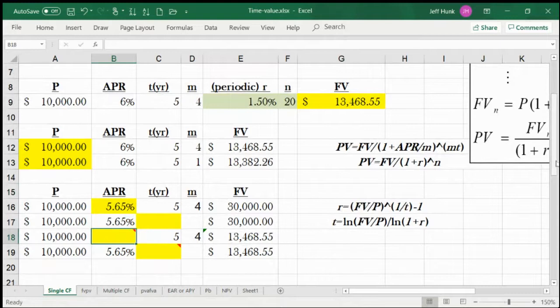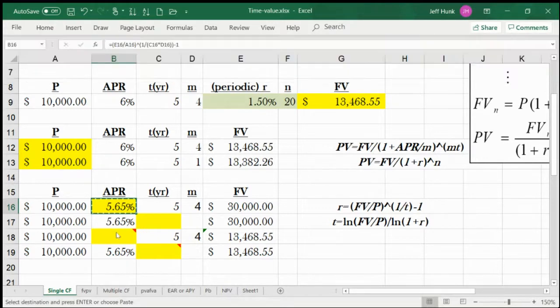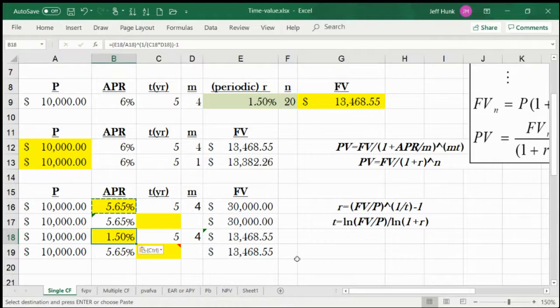In here, we will copy this, and if it gives us 1.5, it's the correct one. So I'm going to copy that and paste here. And I'm expecting 1.5% there. Voila. So in other words, currently this is the periodic rate, not APR.